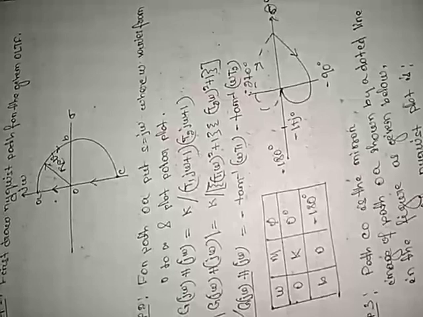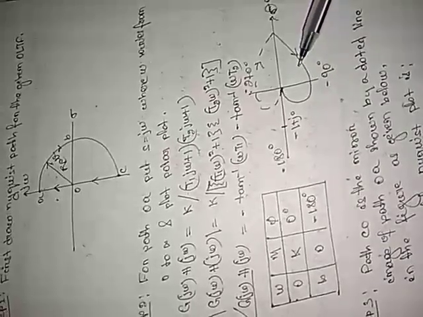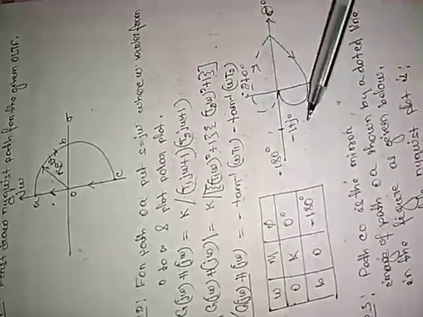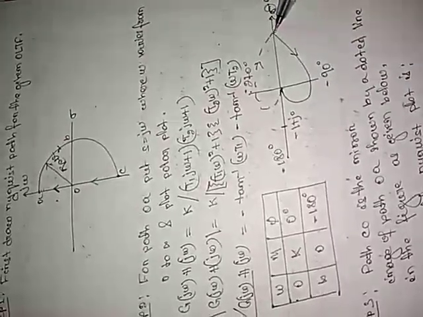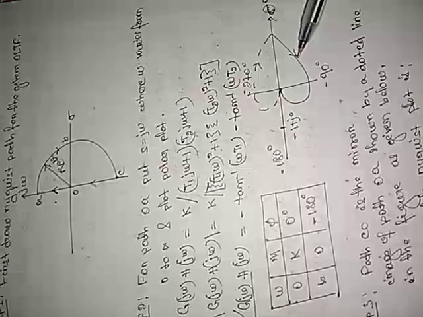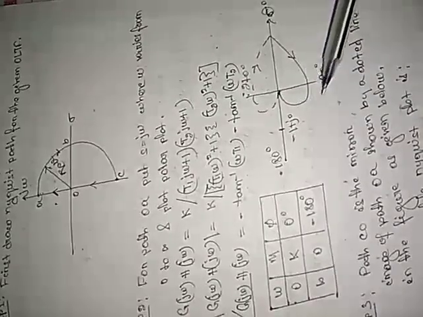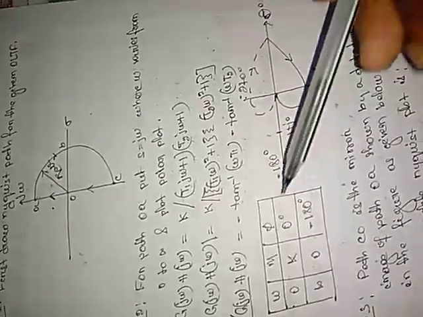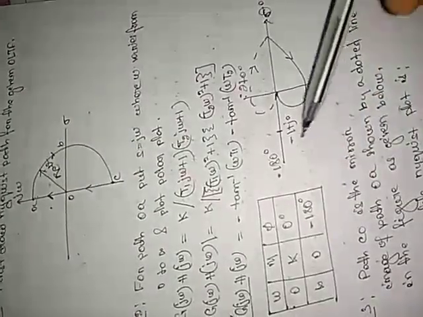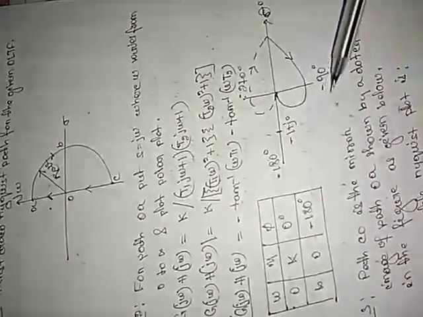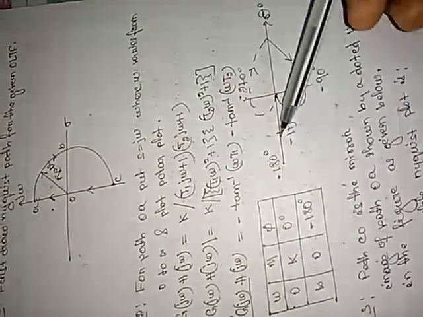So in which quadrant does your graph locate? This is the first, second, third, fourth quadrant. Here your polar plot is located between the third and fourth quadrants, because the phase angle varies between 0 degrees and minus 180 degrees.